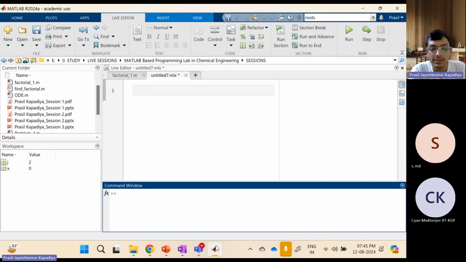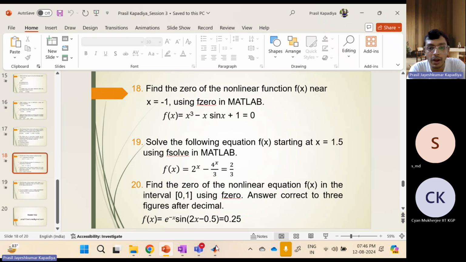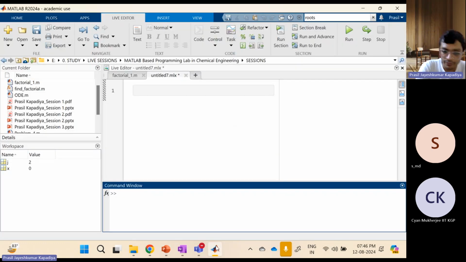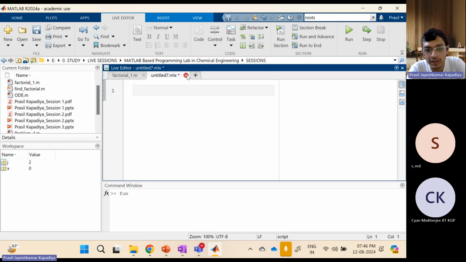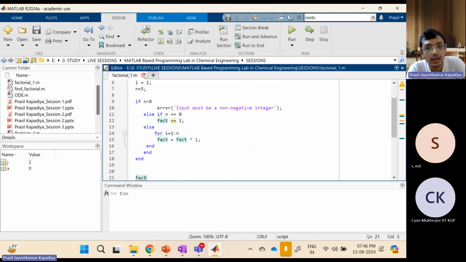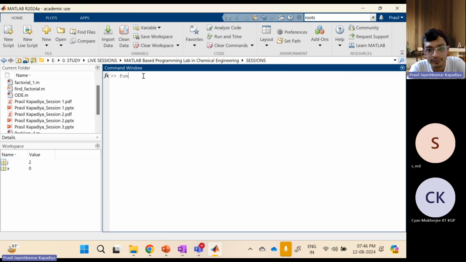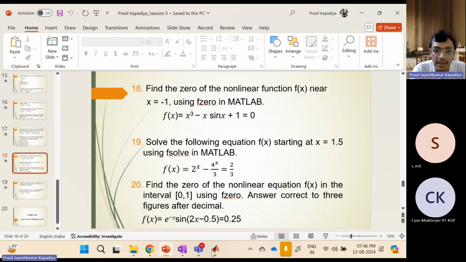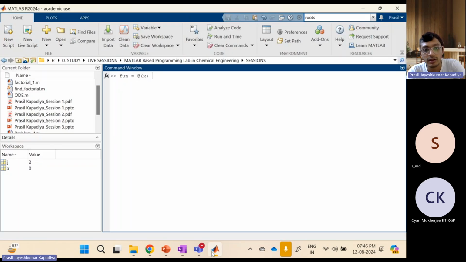My problem statement is x cube minus x into sine x plus 1. I don't need the f function here. The function is equal to @(x). My function is x cube minus x into sine x plus 1.